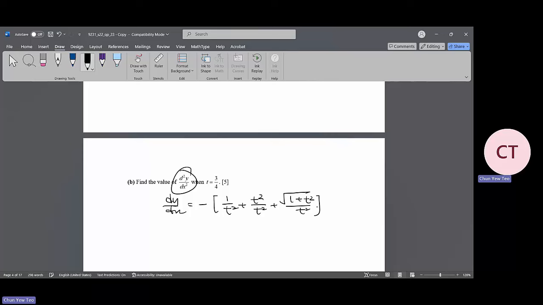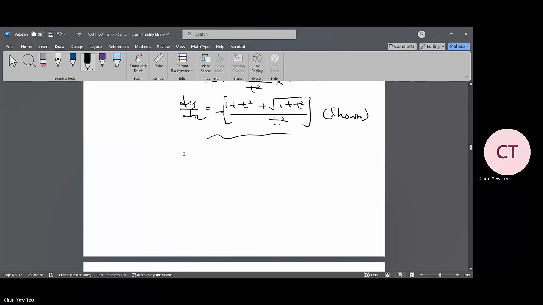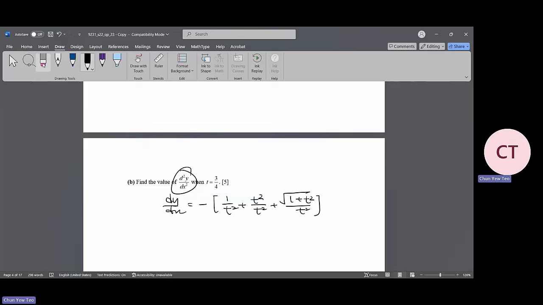I split them like this, easier. It will be easier also if I make this become 1. Then we no need to deal with so many t. So this will make our job easier.